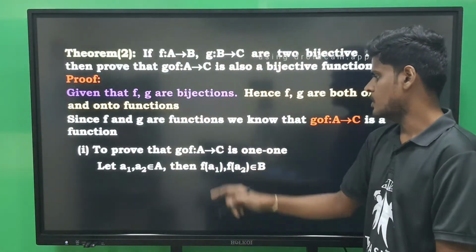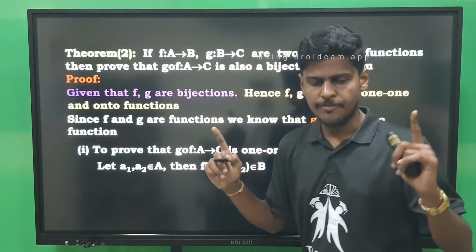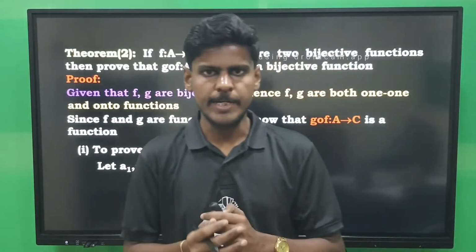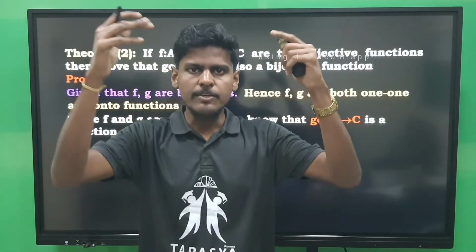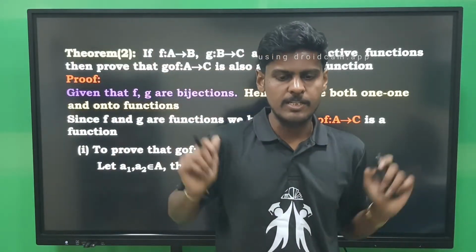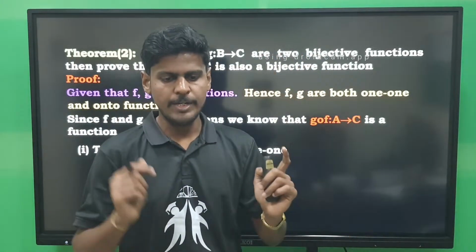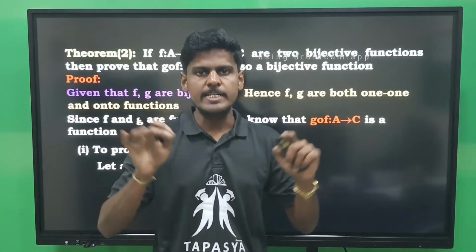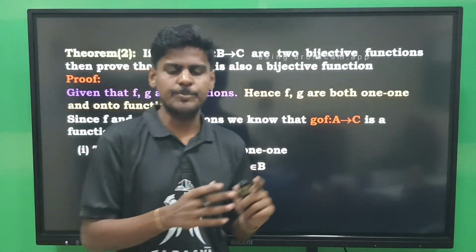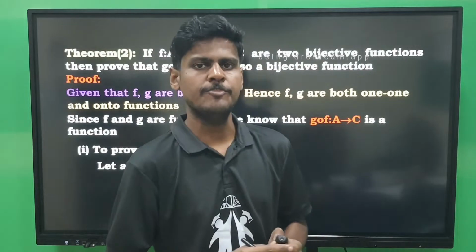To prove that this is one to one, how do we normally prove the one-to-one property of a function? We will assume two y values, and from that we will ensure the x values are also the same. F of a1 equal to f of a2 implies a1 equal to a2. That is the condition, that is the working procedure for proving the one-to-one property of a function.